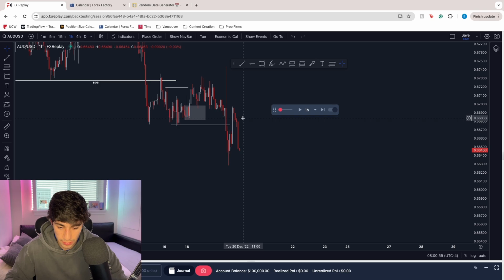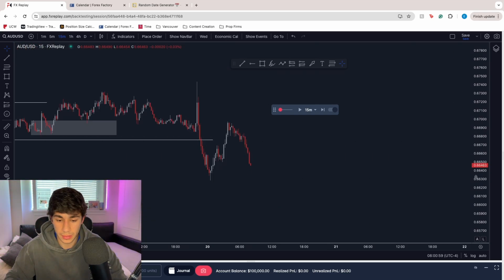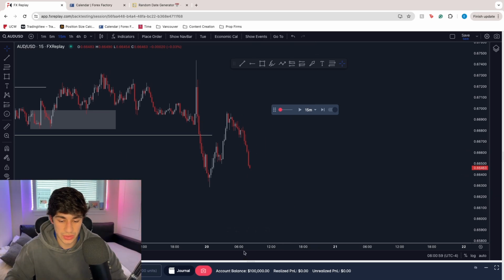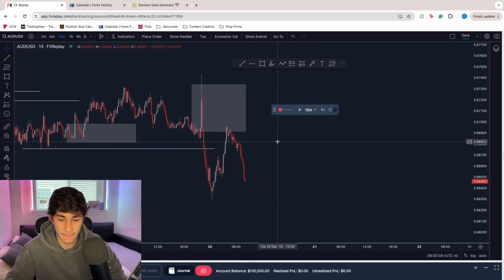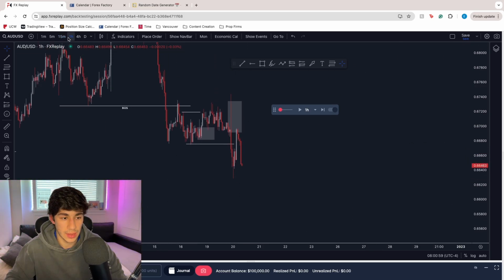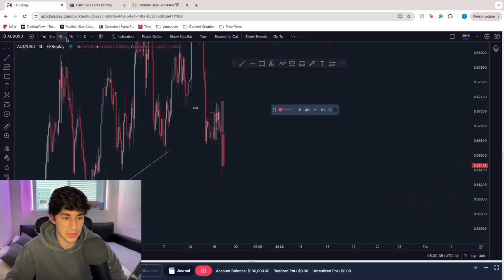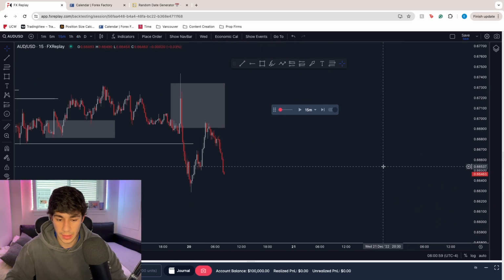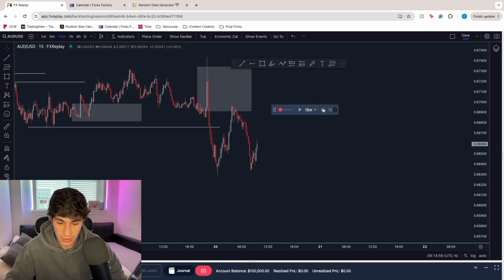It's 8 a.m. There was no clear break of structure to the upside, so price is just doing a continuation in this area, but there's not too many opportunities for us. Maybe if we want to target, we could target this, but it's not a very nice setup and it's not in our confluences, so let's just skip to see what price does.